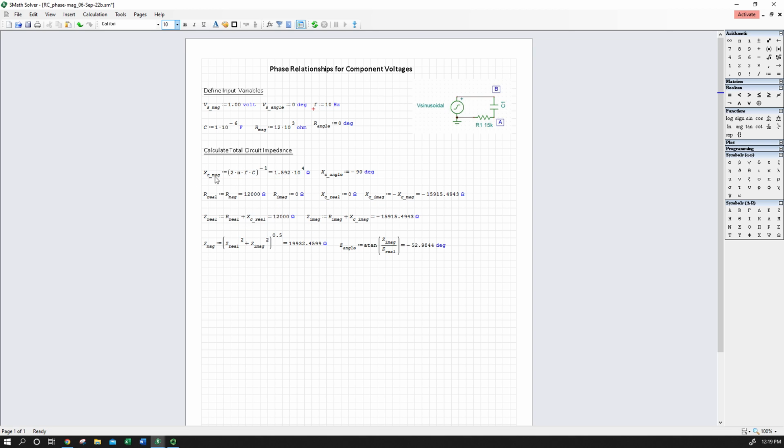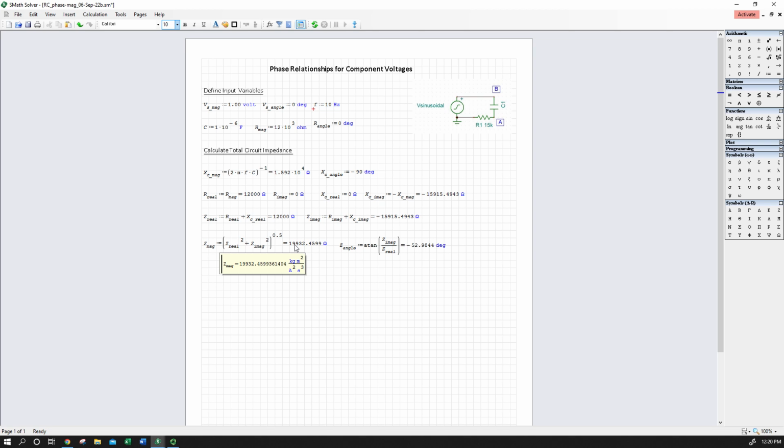So let's see what happened to our magnitude of our capacitive reactance. We went from 10 to the second to 10 to the fourth. So it was a 2 order of magnitude change, which makes sense because our frequency is in the denominator, so it's a linear change. And let's look at our Z magnitude. Now we have 19,000.